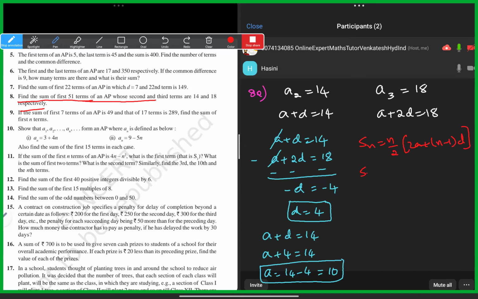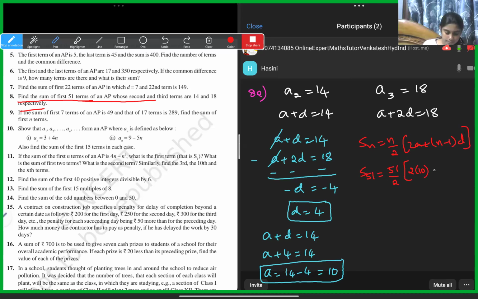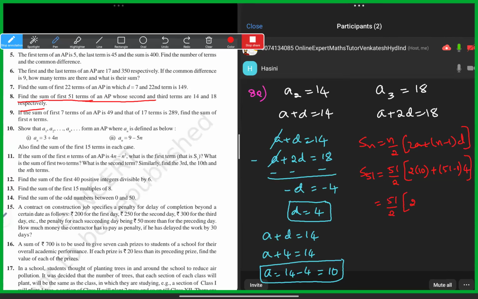Now S51 means 51 by 2 into 2 into 10 plus 51 minus 1 into d, which is 4. So 51 by 2 into 20 plus 50 into 4.